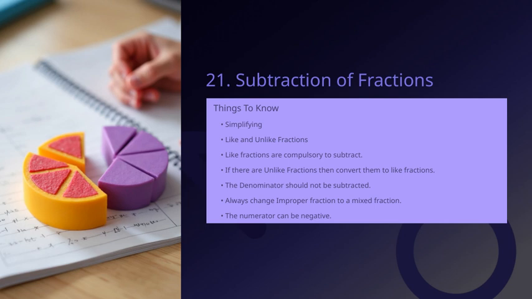Keep in mind that the numerator can be negative, which is useful when dealing with subtraction involving negative values. So, in summary, always simplify, convert unlike fractions to like fractions, don't subtract the denominators, and change improper fractions to mixed fractions when necessary. These steps will help you handle fraction subtraction confidently and accurately.